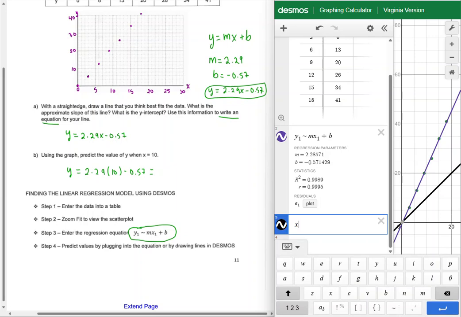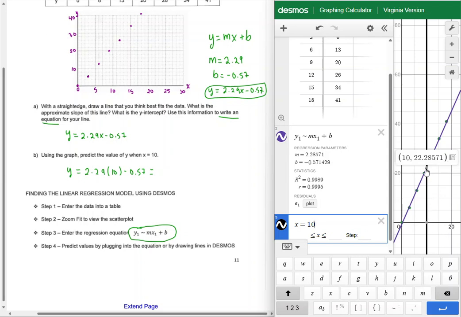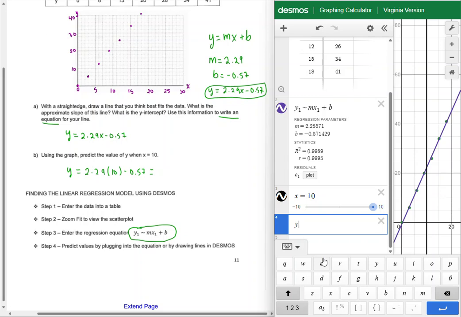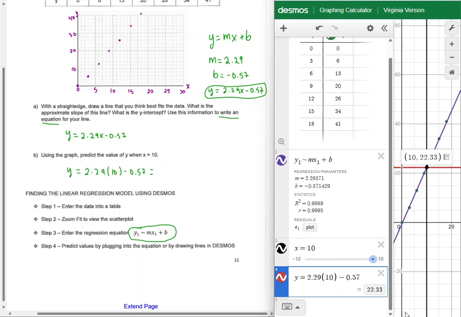I can put x equals 10 and see where it goes through the line right there, or I can manually plug it in: y equals 2.29 times 10 minus 0.57. It's going to give me an estimate since I rounded off the numbers. So 22, yep, see, it's the same number. 22.33. Okay, so I'll stop this video here.